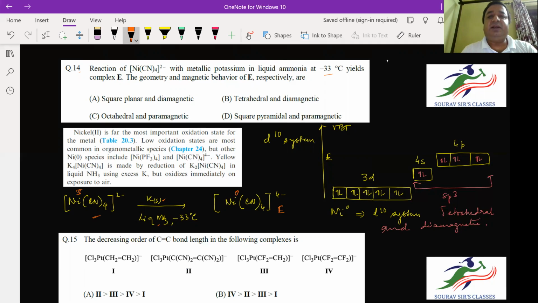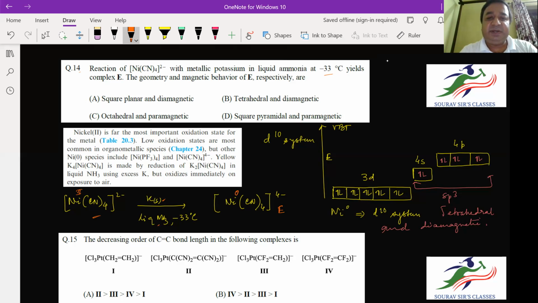Okay. The geometry and the magnetic behavior of E respectively is, okay. So for a, this is the reference you can consult. NiCN4 is basically a square planar complex, a D8 system.